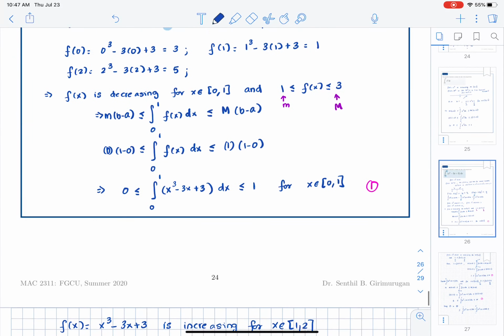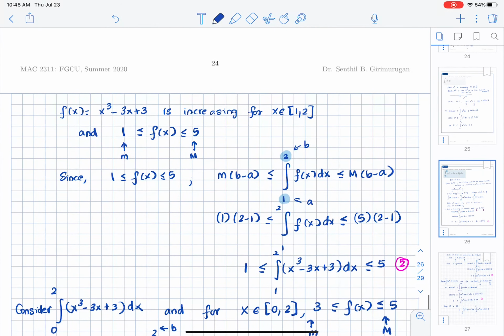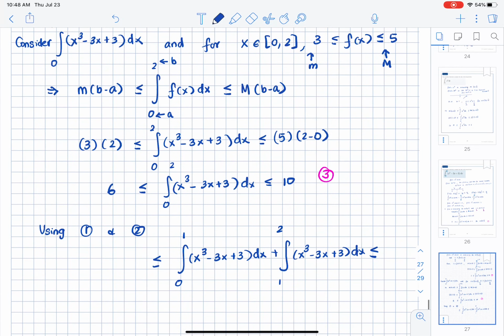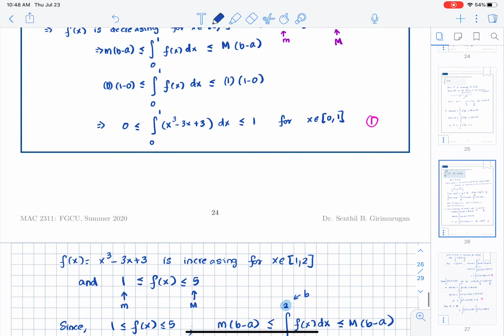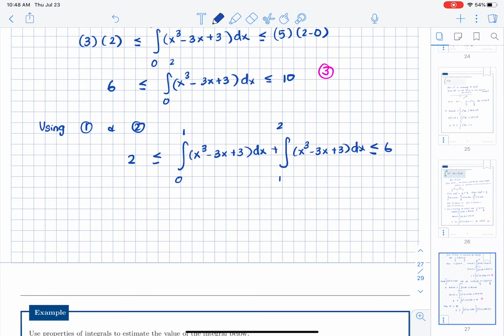The minimum value has to be 2 because the smallest value here is 1 and the smallest value there is 1, so 1 plus 1, 2. The maximum value would be 3 plus 5, 8. But we know adding those two, this would be the integral from 0 to 2 of x cubed minus 3x plus 3 dx less than or equal to 6.